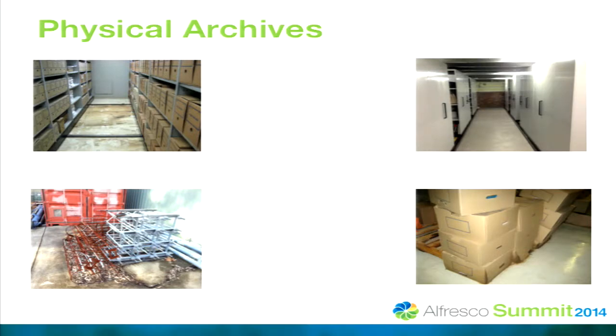But even if the records are kept in nice compactors and everything, the fact that they're physical records has a lot of challenges in terms of making sure that the information is secure. There's no way for you to ensure the integrity of that physical file that you give to someone. They can take things out and remove things or add things that you don't know about. And it's also very hard to discover.